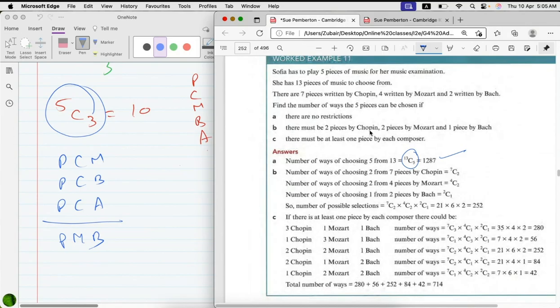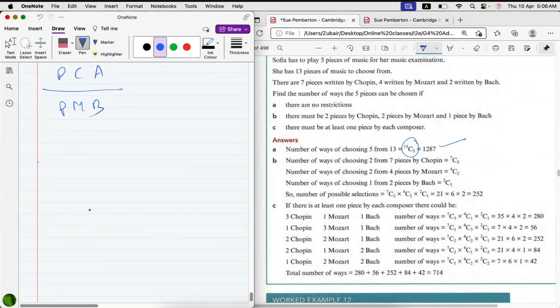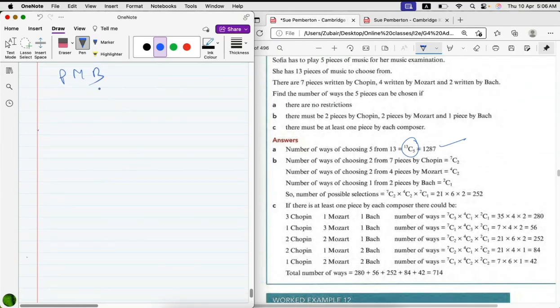And then there must be 2 pieces from Chopin. If 2 pieces are already selected, so let me just write it this way. By Chopin were 7, by Mozart were 4, and by Bach were 2. And we need a total selection of 5.